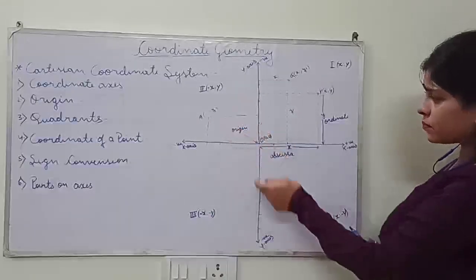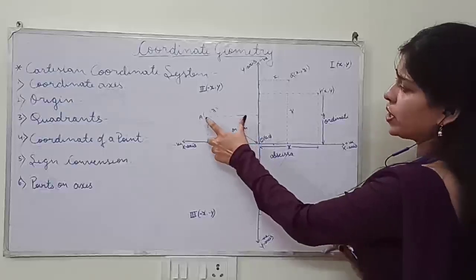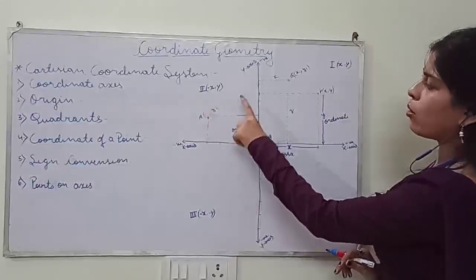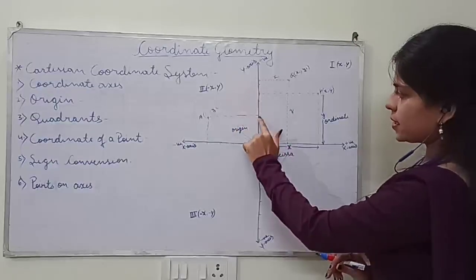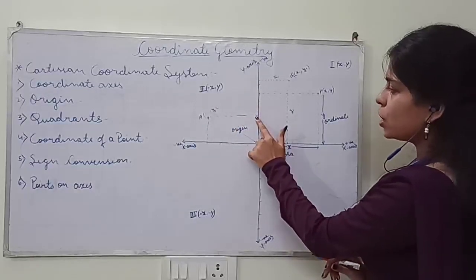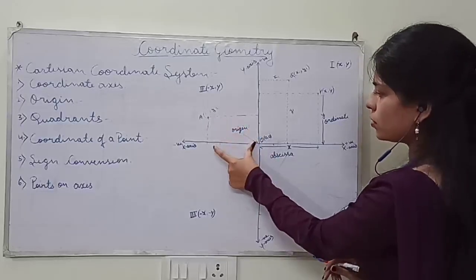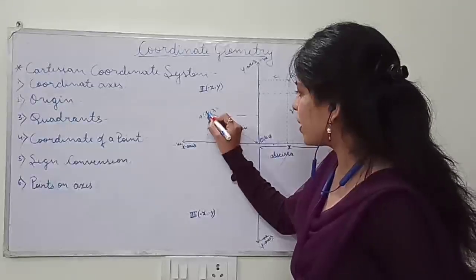Now see the perpendicular distance of point A from the y-axis. This is x, so name this x2.